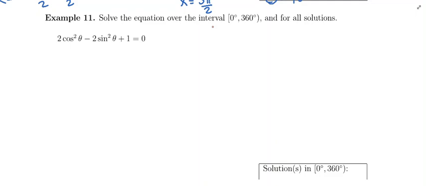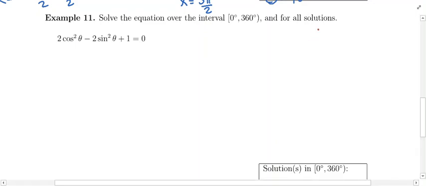So when you look at this particular equation, there's a couple of things that might come to your mind because there's alternate ways for working it. One thing you may want to do here is make a trigonometric substitution.